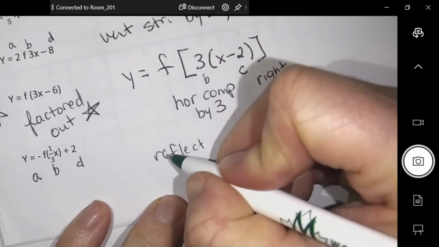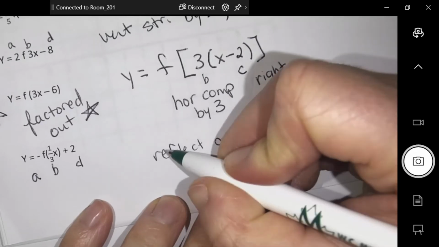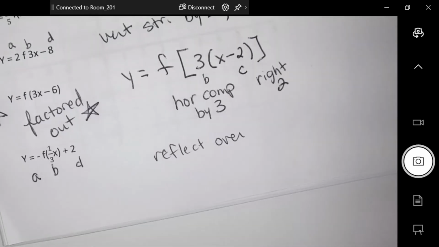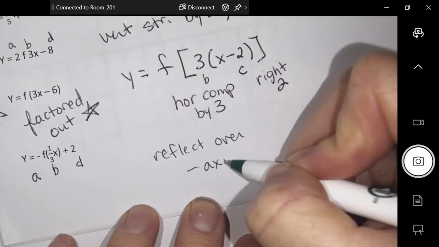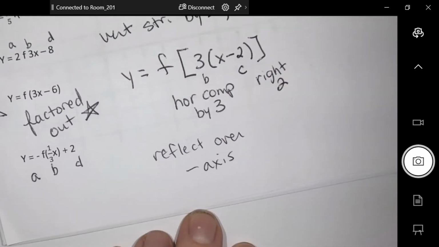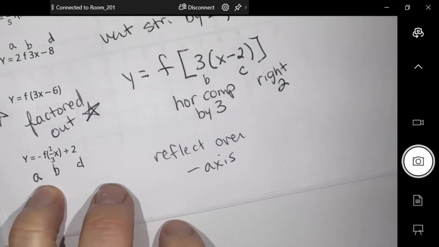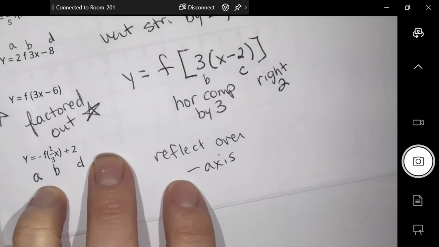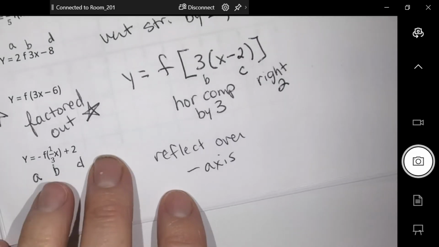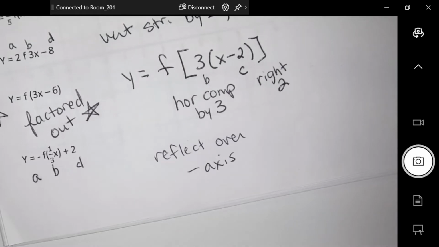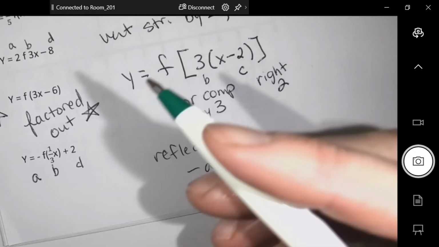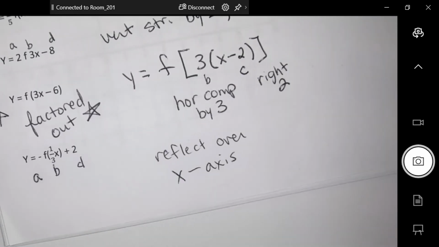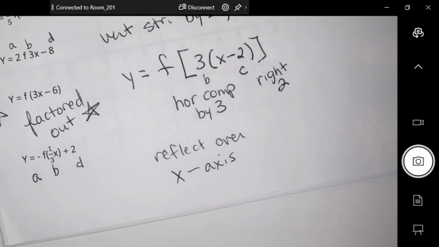Reflect over what axis? So it's an A, it changes your Y. So if you are changing your Y's, you're going from this way to this way. So it's flipping over the x-axis. If you wrote vertical reflection, same.